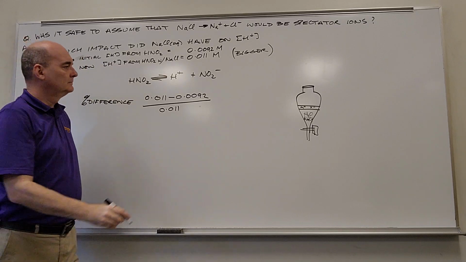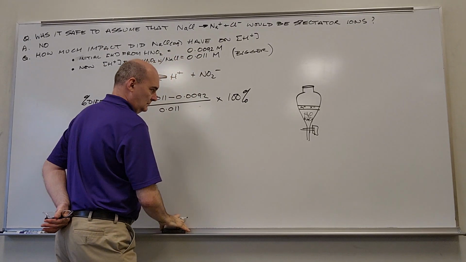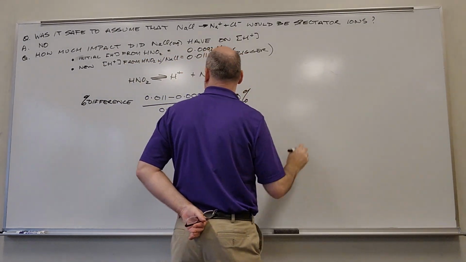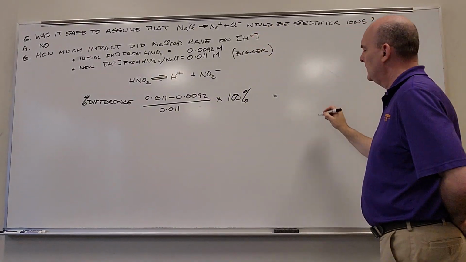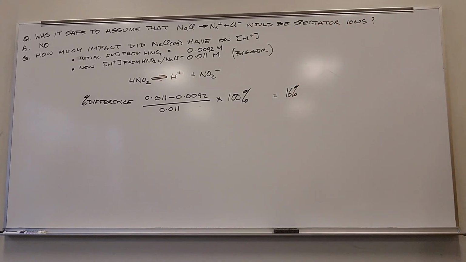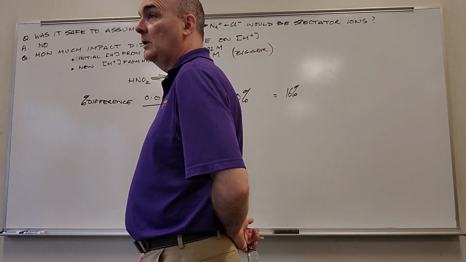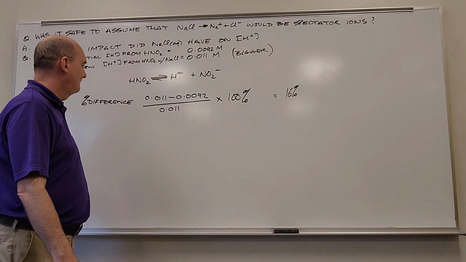And then multiply that by 100. I think that number's somewhere like 16 or 17%. Was it 16 point something? 16.36. Okay. That's a 16% shift in acidity, just because of the medium that you've put the acid in, the medium being either the acid is dissolved in pure water or the acid is dissolved in salt water. Okay?